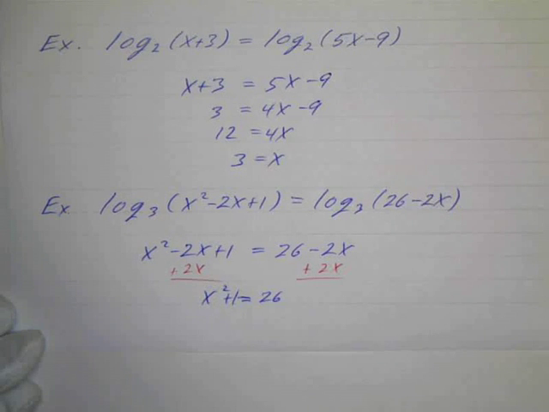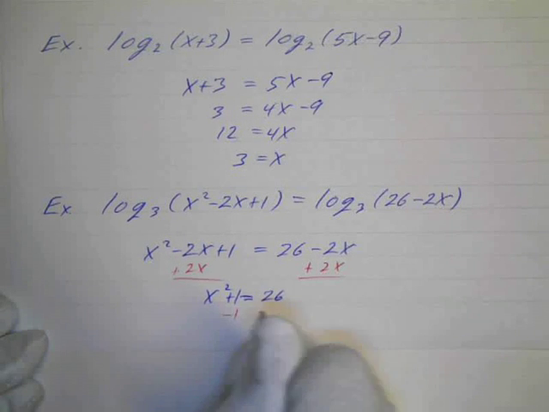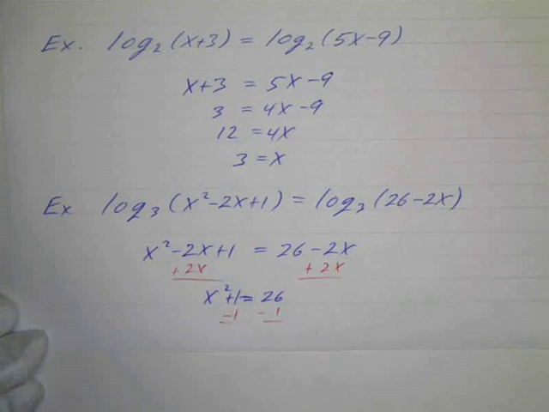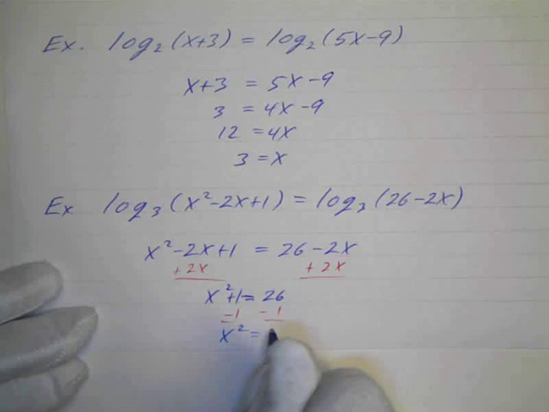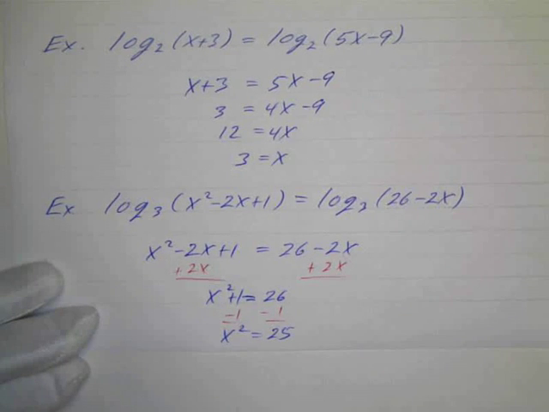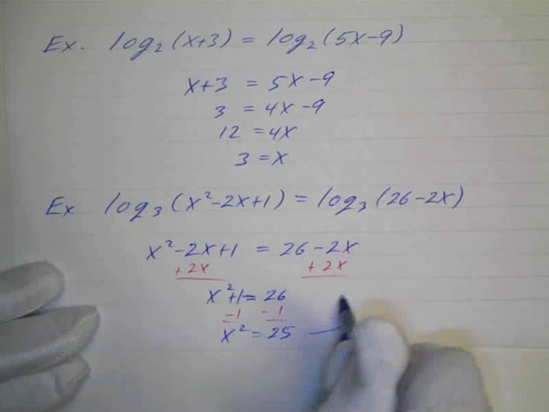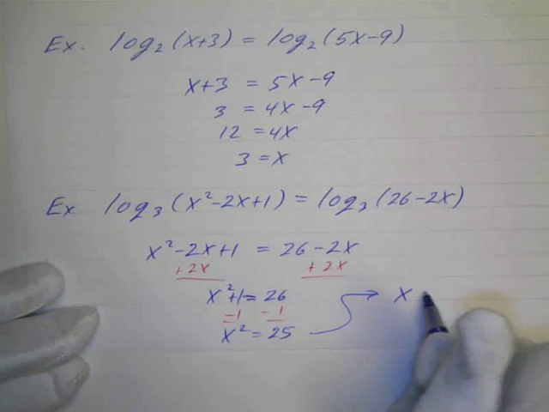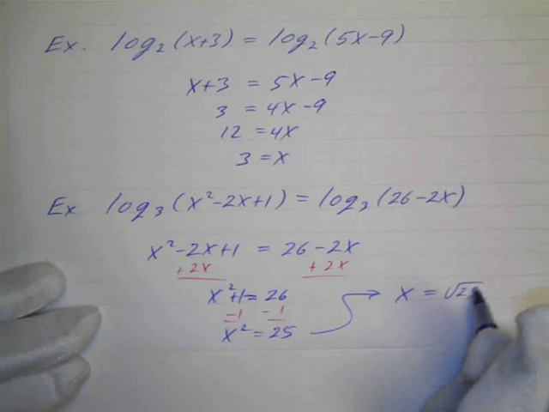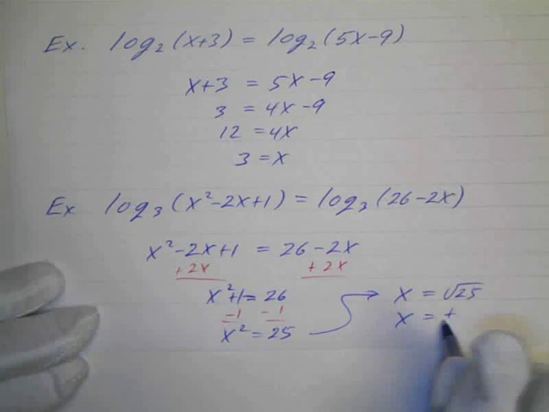Then if I subtract 1 from both sides, I end up with x squared equals 25. Well, if x squared equals 25, that implies that x equals the square root of 25, and that means that x equals plus or minus 5.